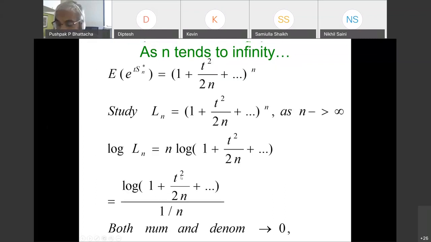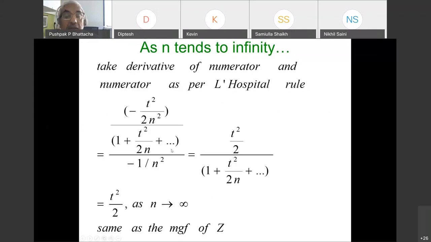So for the log of this quantity, when I take the derivative of the numerator, it gives me minus t square by 2n square divided by the whole quantity. So differentiation of log of x is 1 by x into differentiation of x. So this is 1 plus t square by 2n plus so on, and minus t square by 2n square. The differentiation of denominator is minus 1 by n square.